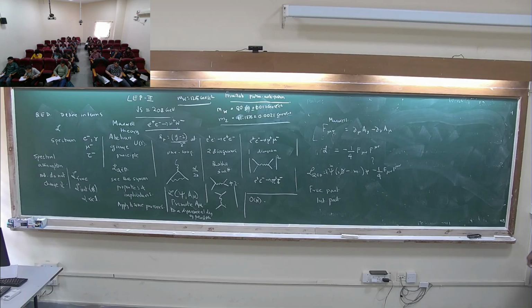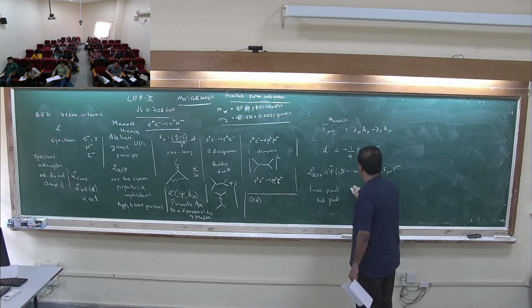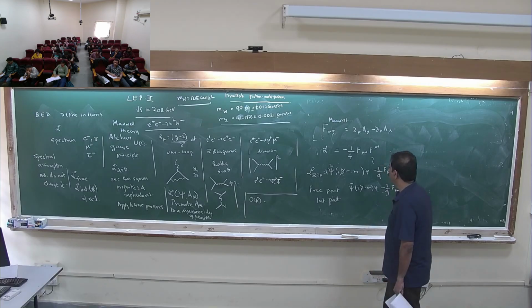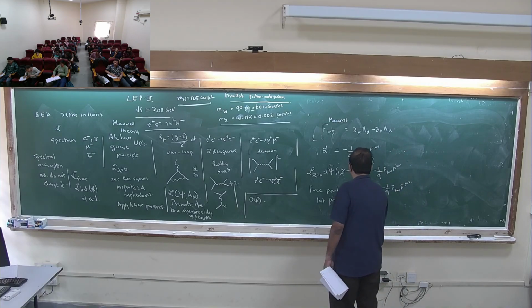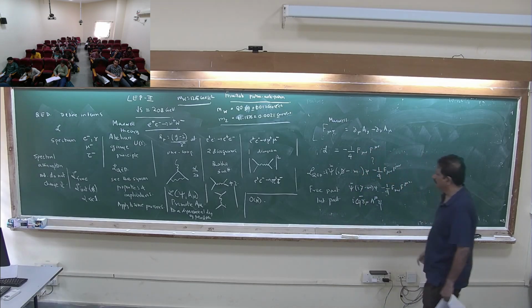Good to have some conscience keepers over here. So the free part over here is psi bar i D slash psi minus 1 by 4 F mu nu F mu nu. And the interaction part is i e gamma mu psi bar psi A mu.